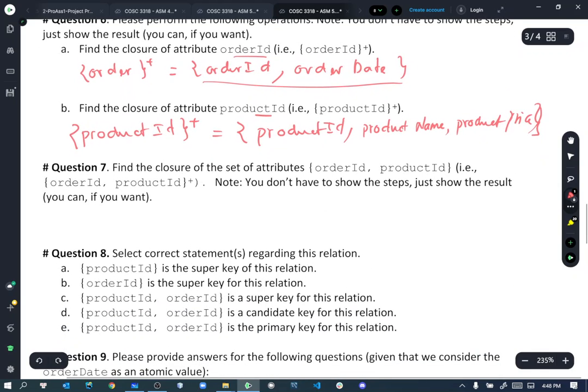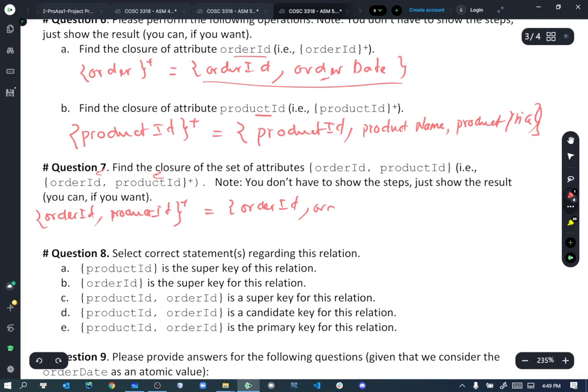Next one, find the closure of both order ID and product ID. So first, we have order ID and product ID. The closure must include order ID, which can determine order ID of course, and order ID can determine order date, like from here.